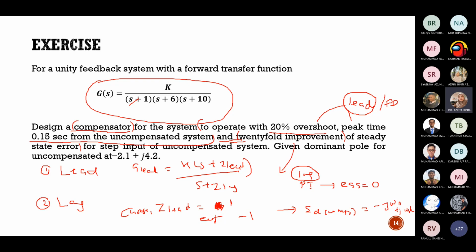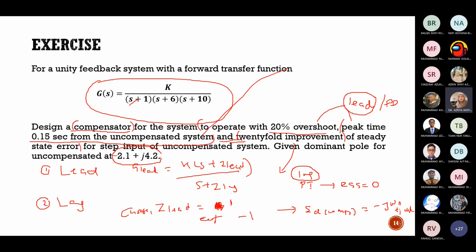In the question, the information given is the location of s_d uncompensated, minus 2.1 plus j 4.2. And the design statement here mentions the peak time, 0.15 second from the uncompensated system.